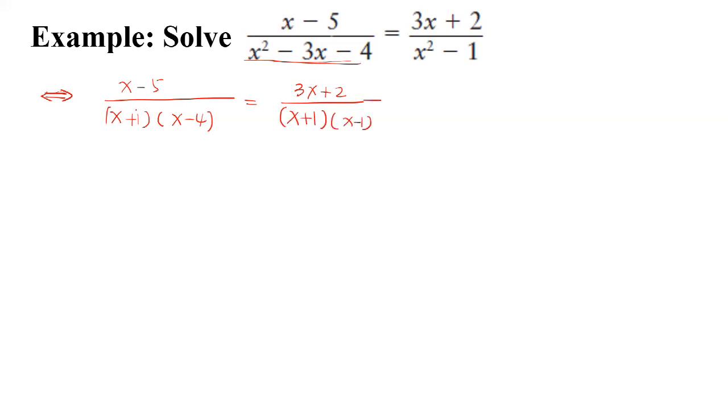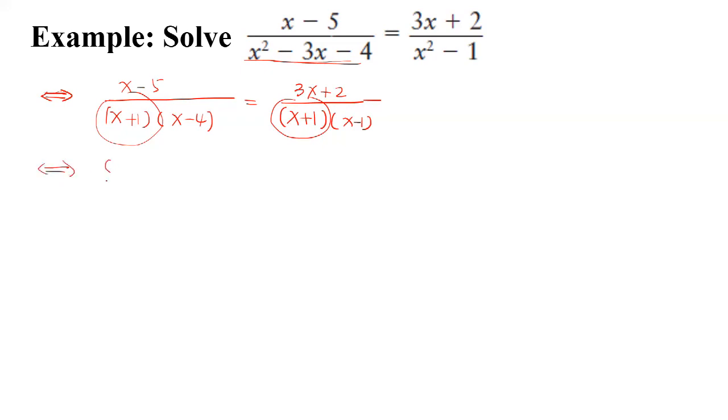Now we can see there is x plus 1 here and x plus 1 here, but do not hurry to cancel the two terms, because if you directly cancel them, you will probably change the domain.